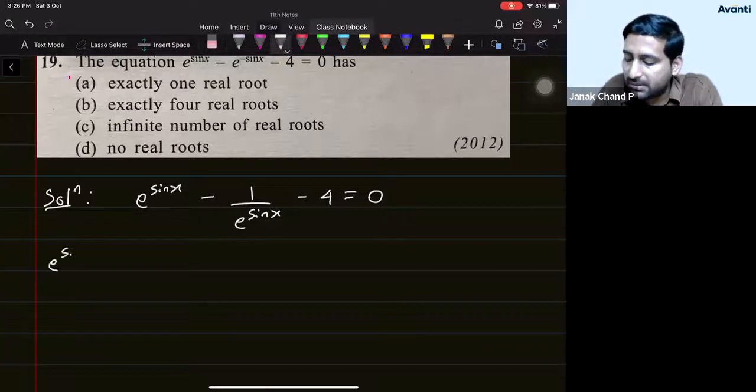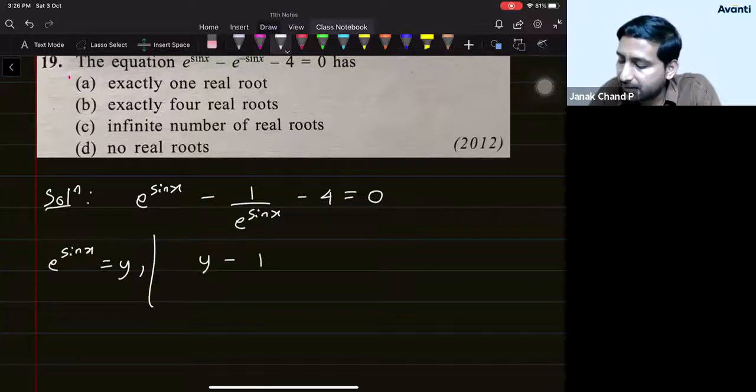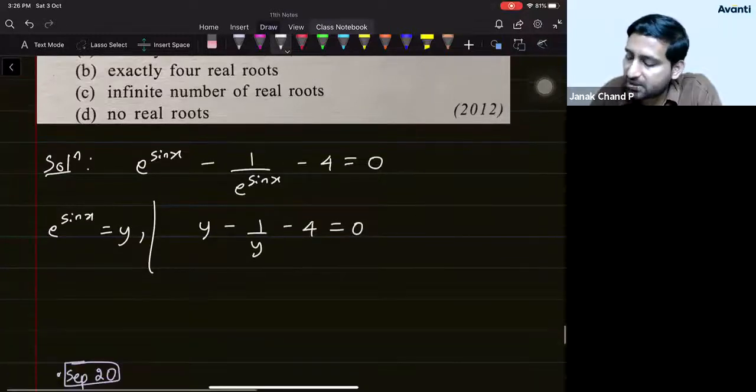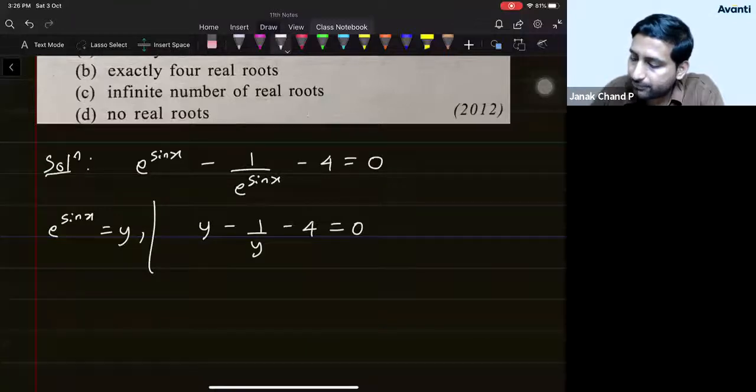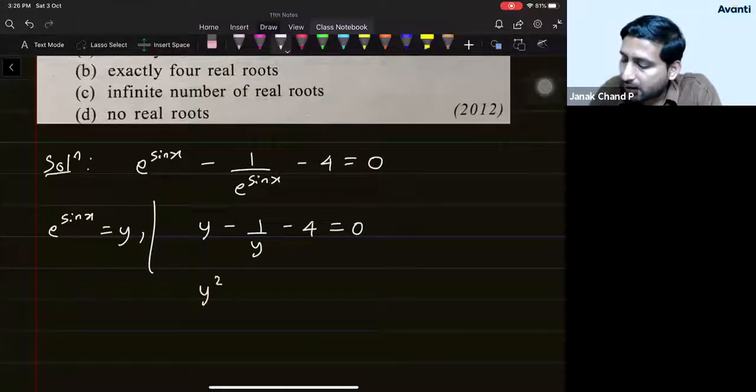You can simplify this by making a substitution that e to the power of sin x is equal to some other variable, maybe t or y. So the question reduces to y minus 1 by y minus 4 is equal to 0. That is, y square minus 1 minus 4y, whole divided by y is equal to 0, by simplifying this.